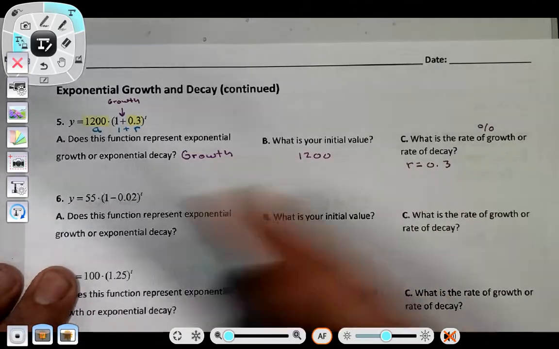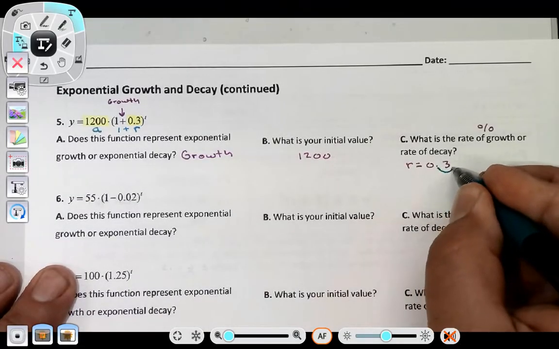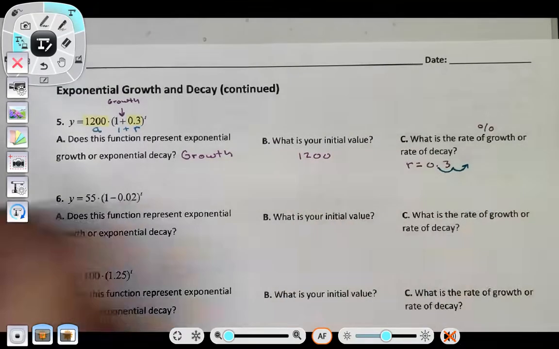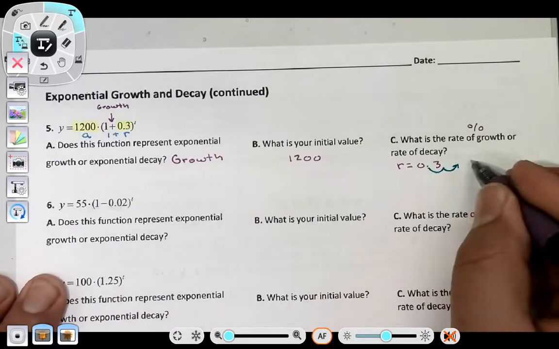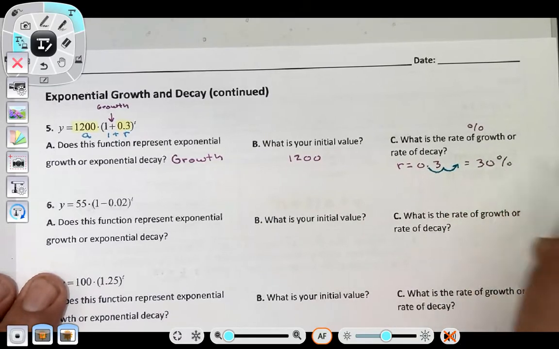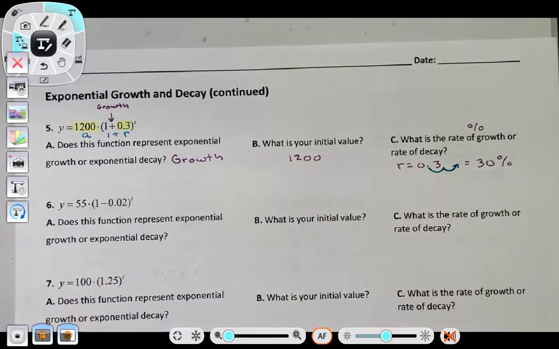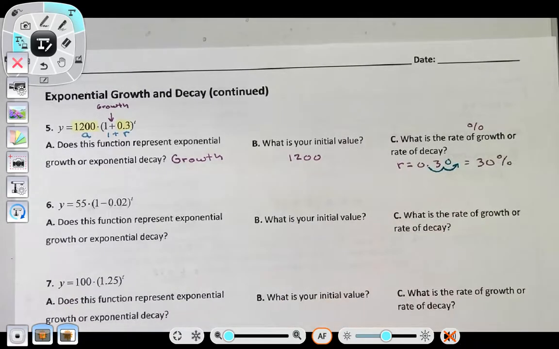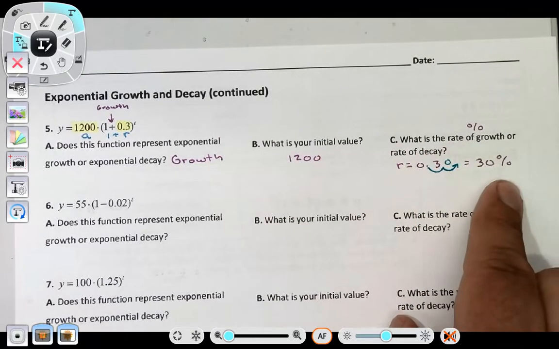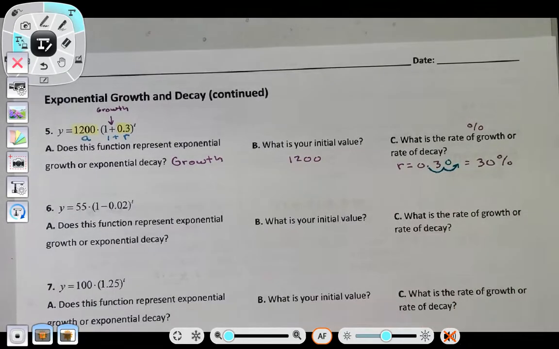Well, then that means here's my decimal. I got to move it twice back this way. So then my answer for R is going to be 3 with an extra space makes it 30, so 30%, because we have to bring in this extra 0 right here. So just remember, it just depends how they phrase the question. Here they want a percentage. Well, there's my percentage.